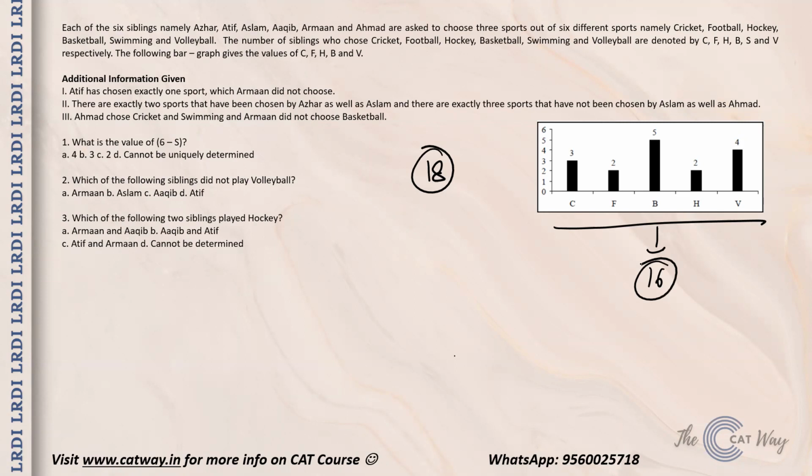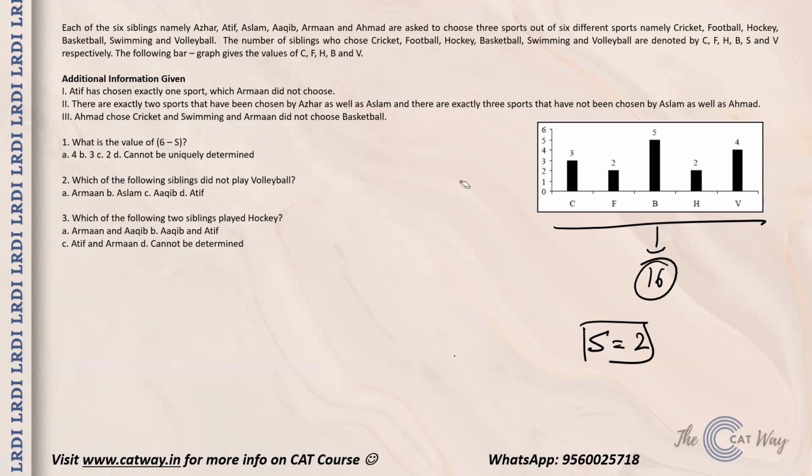That means out of the 18 sports that were chosen, 16 belong to cricket, football, basketball, hockey, and volleyball. That means the remaining two went for swimming. Okay. So now for all the six sports, we know how many people chose which sport.